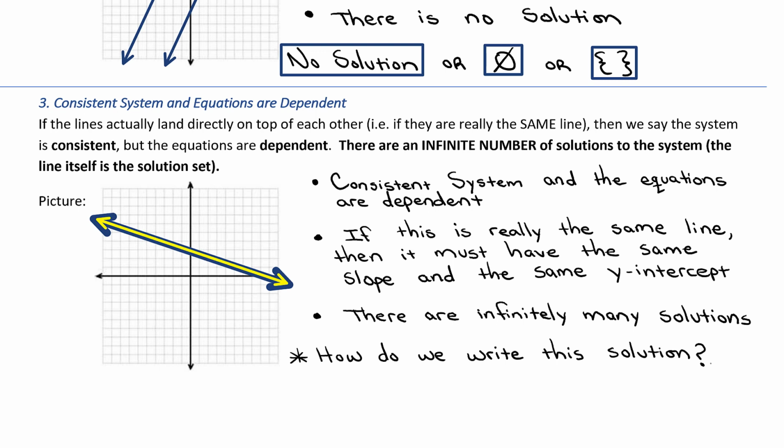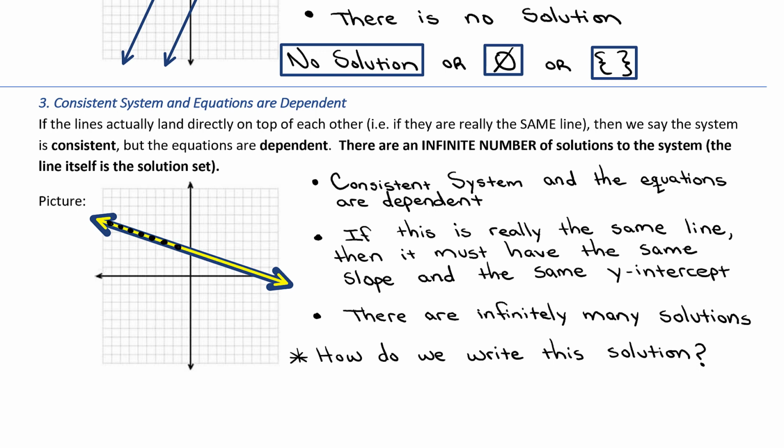So to be very specific in writing the solution set, we're going to have to either write this solution set in set builder notation or as a parametric representation of the solution set.